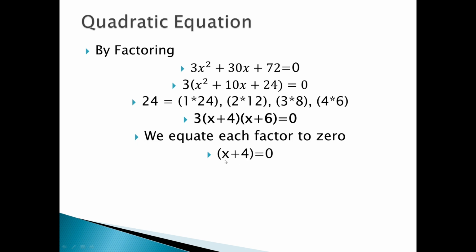We have x plus 4 equals 0. We transpose the 4 to the other side of the equation. We have x equals negative 4. Doing the same thing to the other factor, x plus 6 equated to 0, we have x equals negative 6. Therefore, the two values of x that will make this equal to 0 are negative 4 and negative 6.